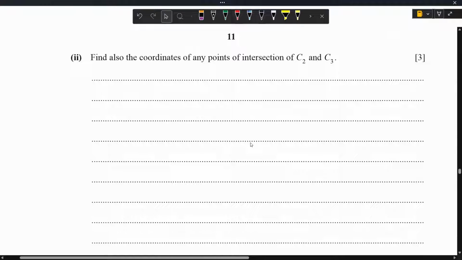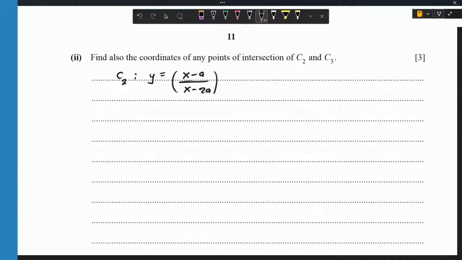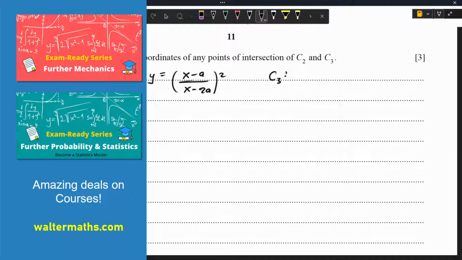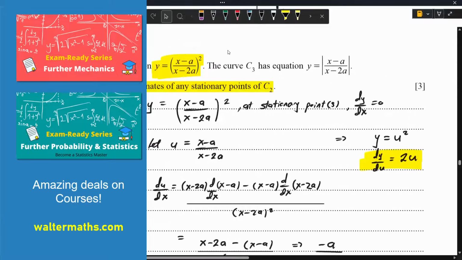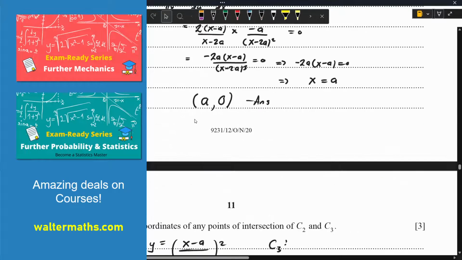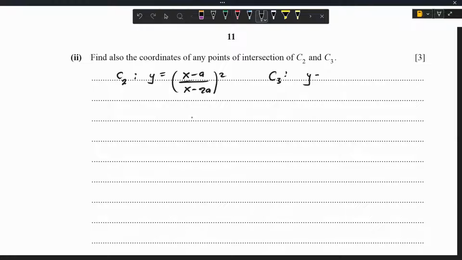On B2, they say, find also the coordinates of any points of intersection of C2 and C3. All right. So remember, C2 is the curve y is equal to (x minus a over x minus 2a) all squared. And C3, we got it to be the modulus graph, so it's essentially y is equal to the modulus of x minus a over x minus 2a, okay?